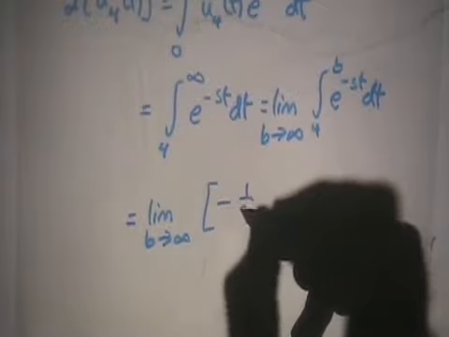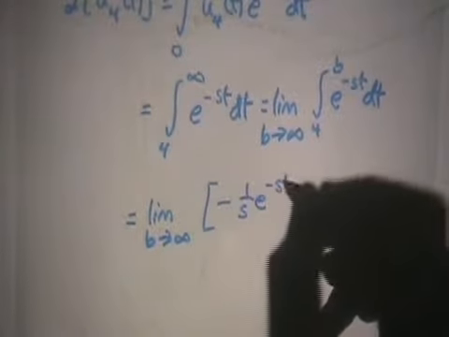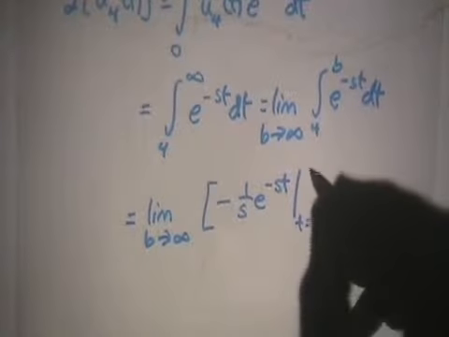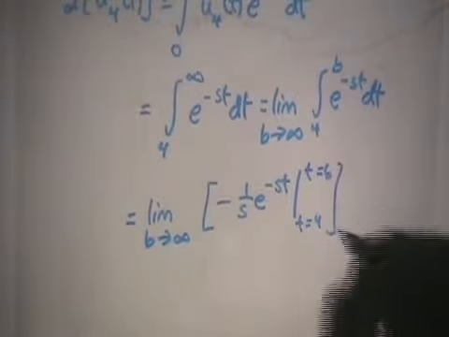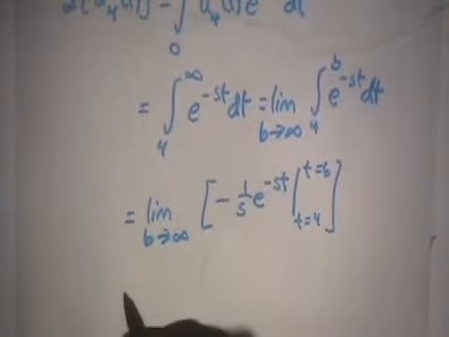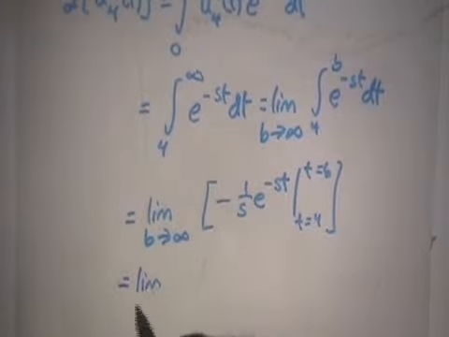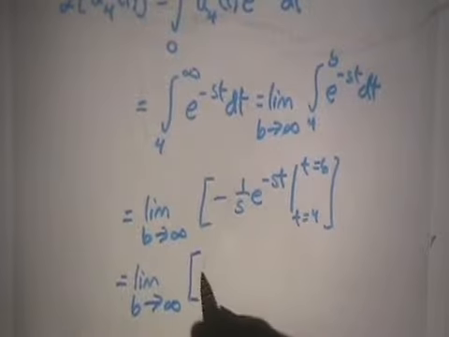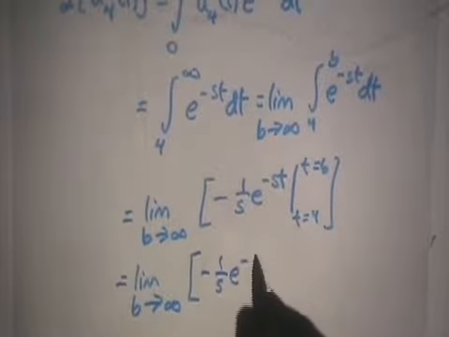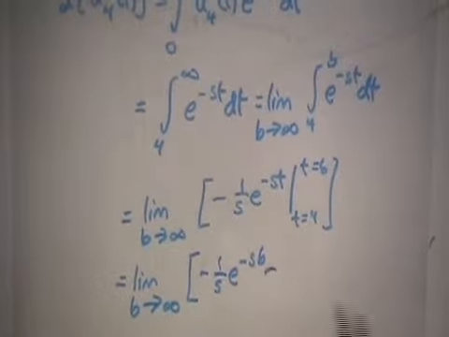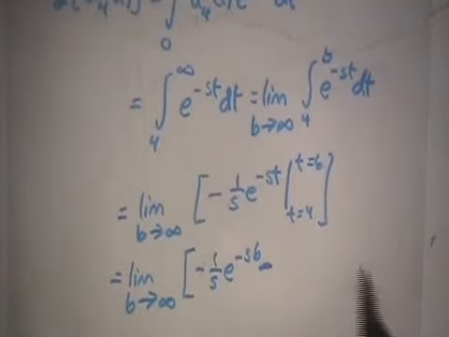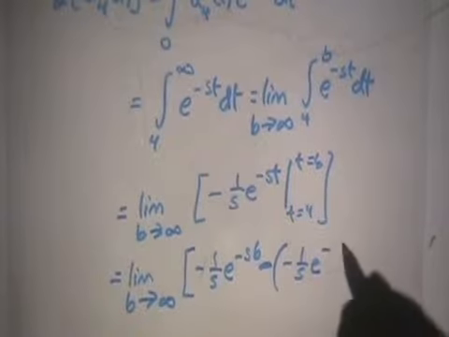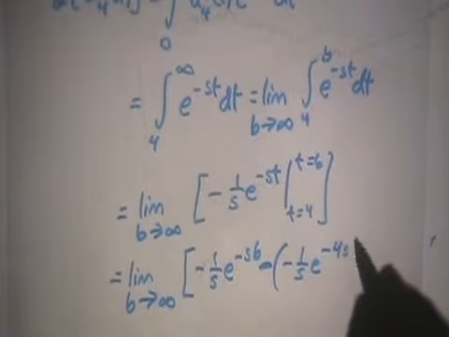It's going to be negative 1 over s e to the negative st, t goes from 4 up to b. Plug in t equals b, you'll get negative 1 over s e to the negative sb, minus what you get when you plug in t equals 4, minus negative 1 over s e to the negative 4s.